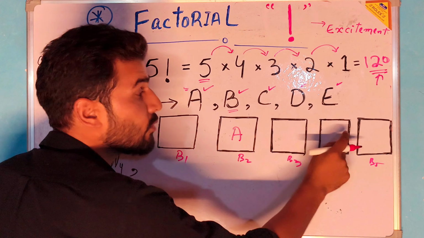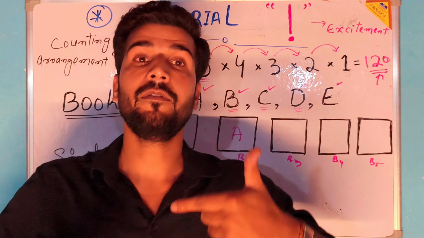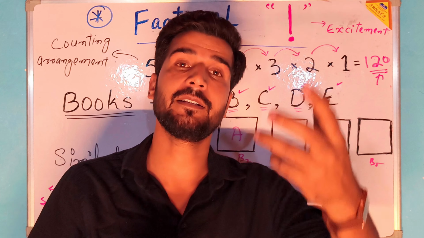In the same way, if we are to determine the total number of arrangements of all these 5 books, how can we find it? We can find it by using the concept of factorial. What is that? It is 5 factorial: 5 into 4 into 3 into 2 into 1. So this 120 means that we have 120 arrangements, right?